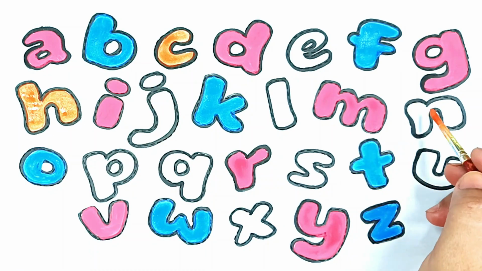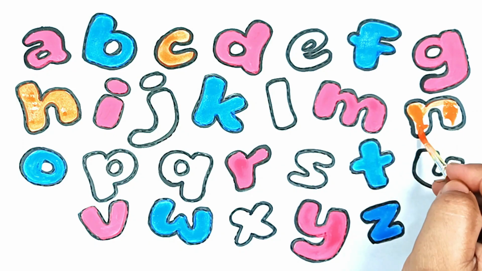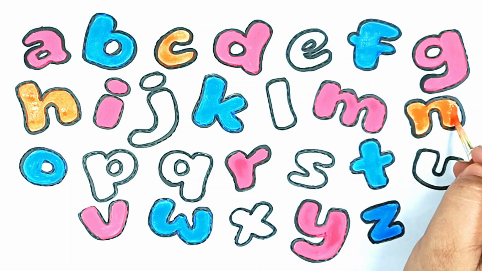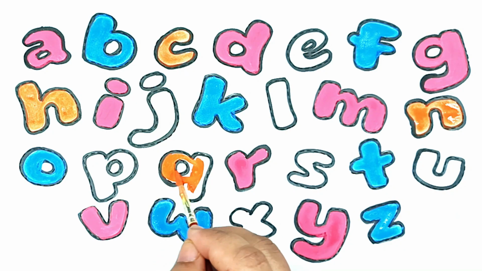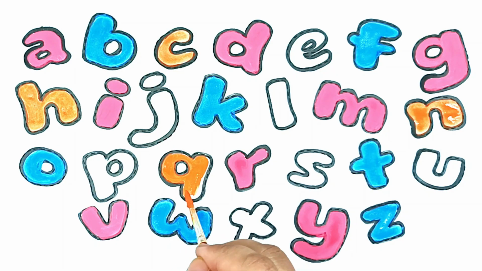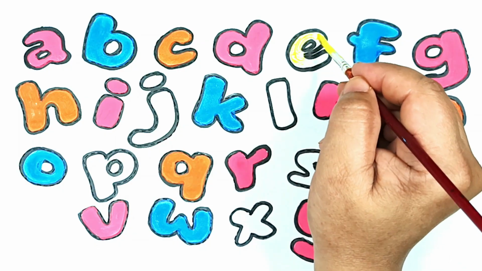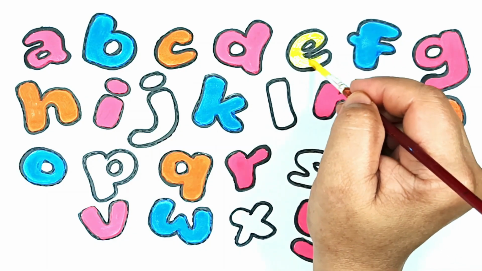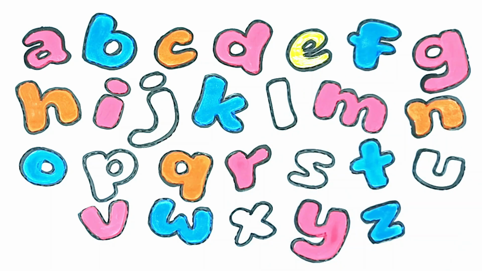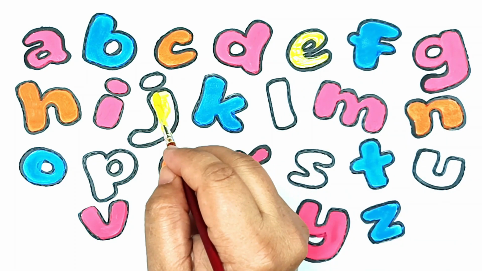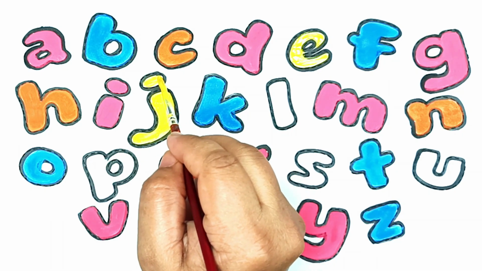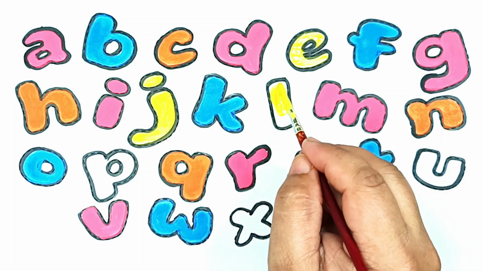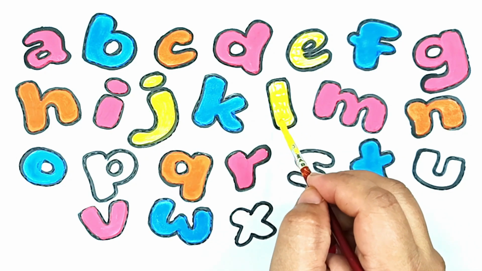H for hat. N for net. Q for queen. E for egg. J for jam. L for lamb.